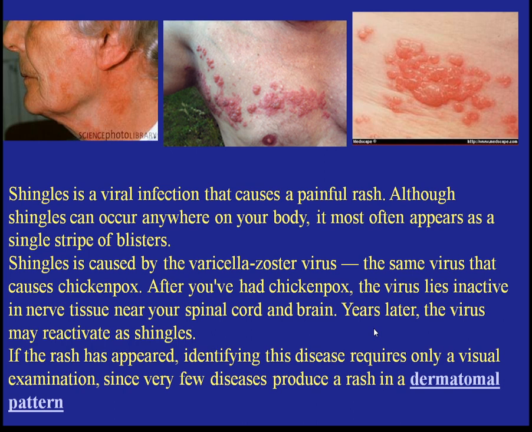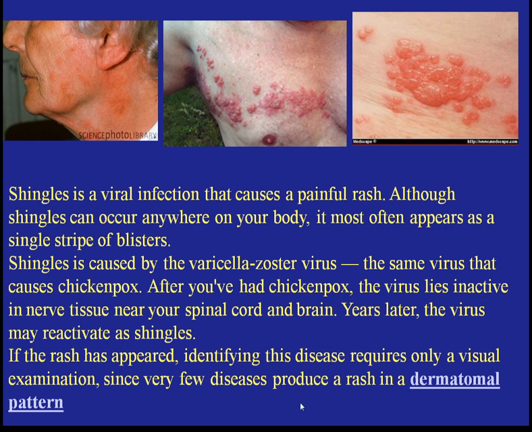For example, in the spinal ganglion or sensory cranial nerve ganglion, for example, the trigeminal ganglion. So, spinal ganglia are affected and the trigeminal ganglion can be affected. Years later, the virus may reactivate as shingles.